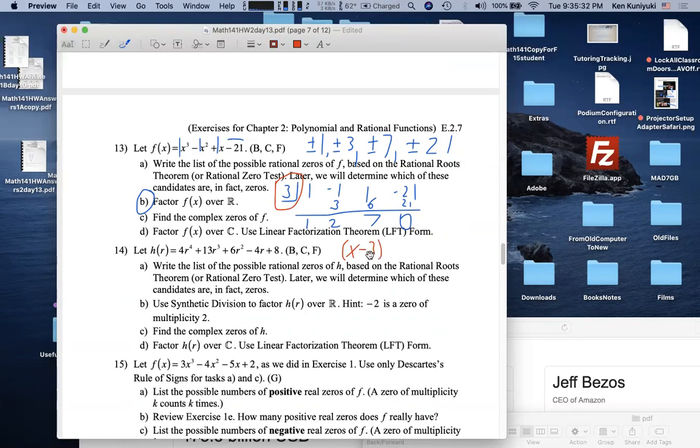If you divide a third degree by a first degree, you get a second degree: x squared plus 2x plus 7. If you use the test for factorability, you'll see that the discriminant, b squared minus 4ac, is not a nice square. That's factored over the reals. I believe that's the correct answer.